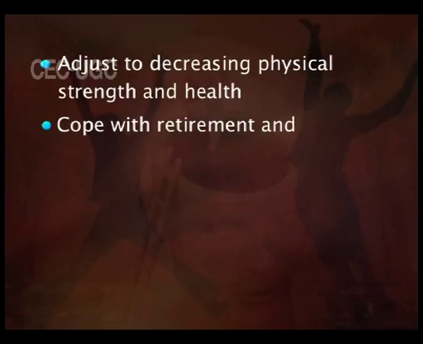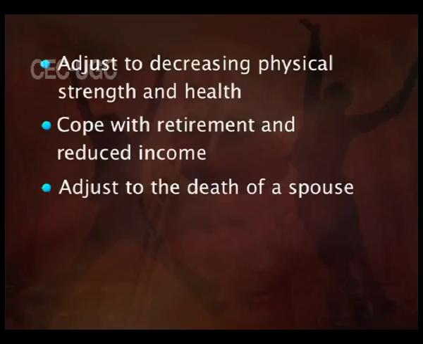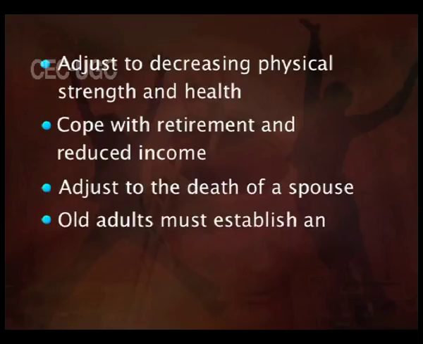Later maturity is the last stage and relates to persons aged 60 years and older. They too must achieve some developmental goals, and these include adjusting to one's decreasing physical strength and health, coping with retirement and reduced income, and adjusting to the death of one's spouse.